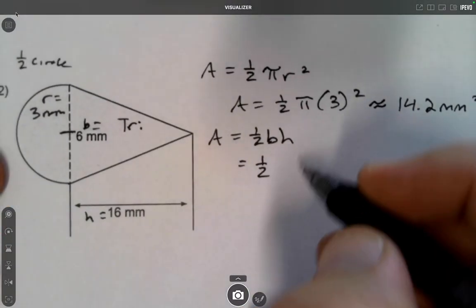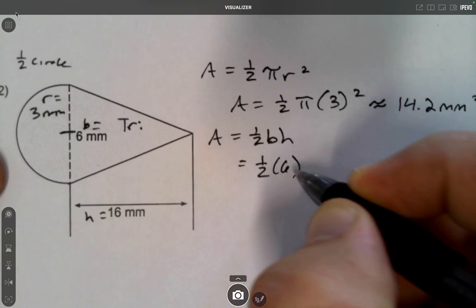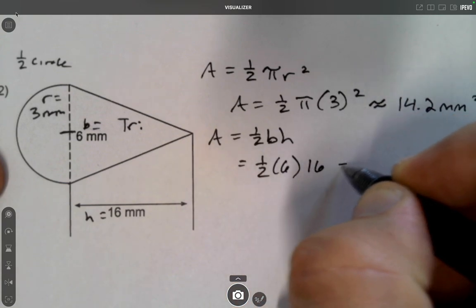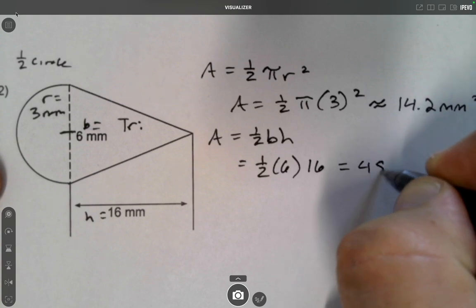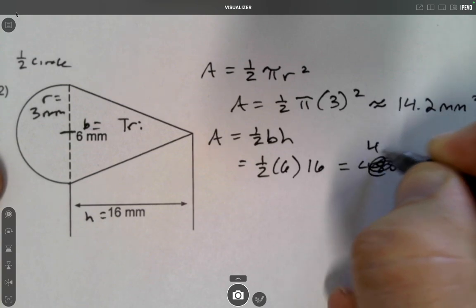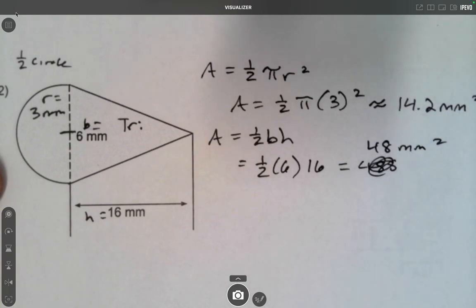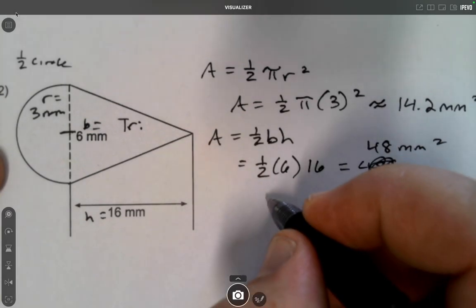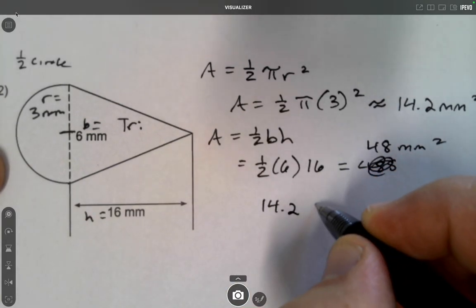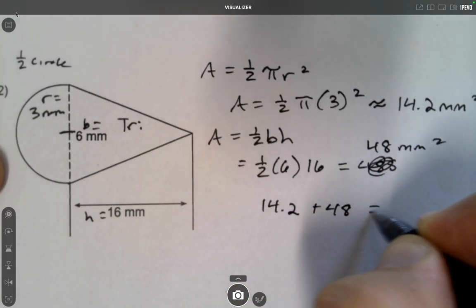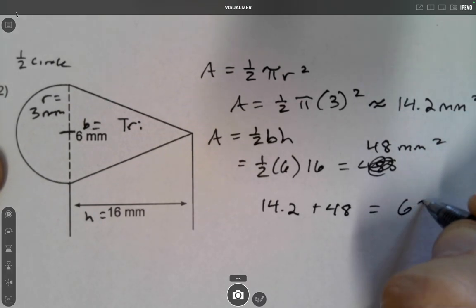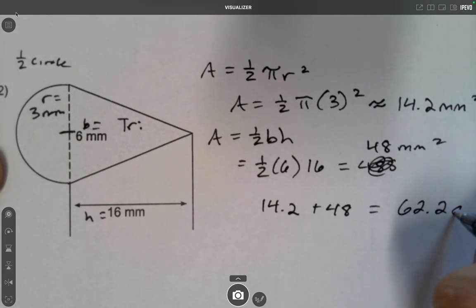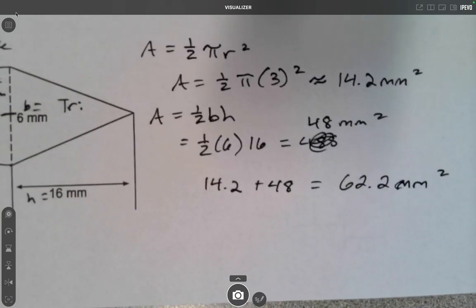So half times the base of 6 times the height of 16 gives us 48 square millimeters. So our final step is to add these two together to find out that the composite figure is 62.2 square millimeters.